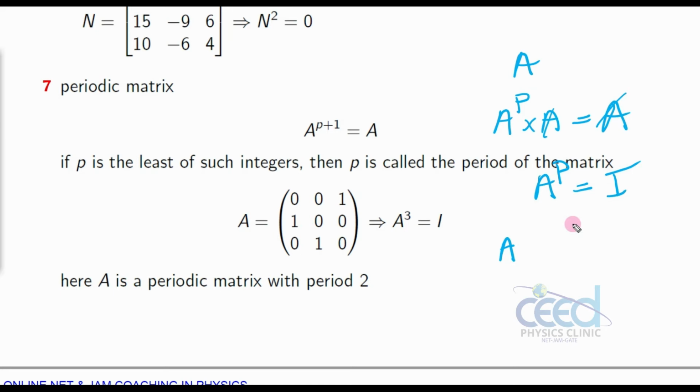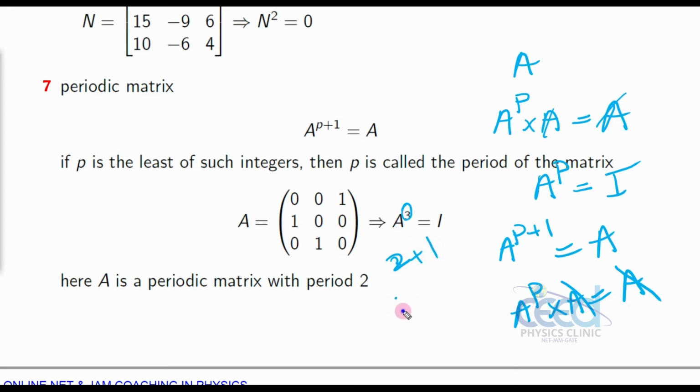A raised to P plus 1 is actually A, then A raised to P into A raised to 1, that is A. So A raised to P is equal to I. That means here 3 corresponds to 2 plus 1, so the period is 2. That is all about the periodic matrix.